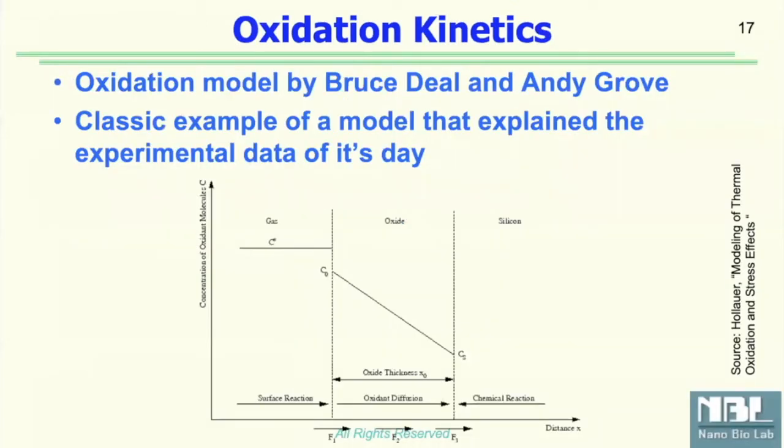This is an oxidation model which was proposed by Deal and Grove in 1965. Both were at Fairchild Semiconductor, the forefather of Intel and all semiconductor companies. What it does is explain the experimental data of that day.